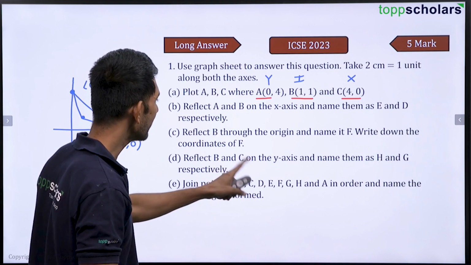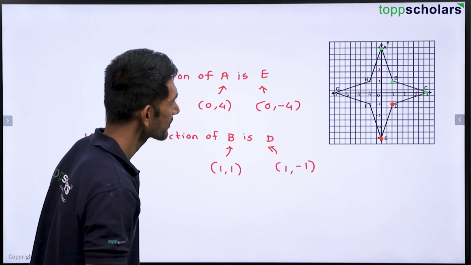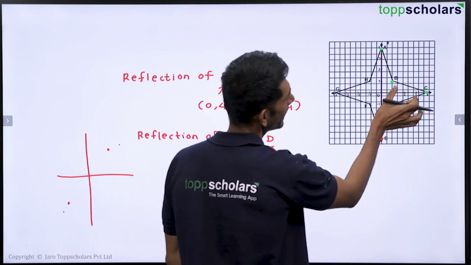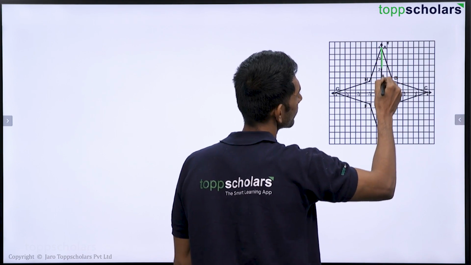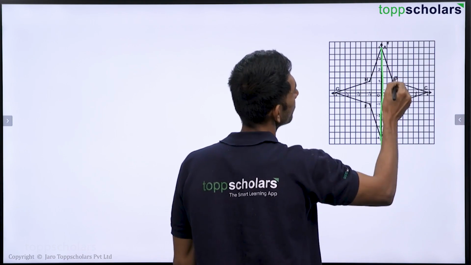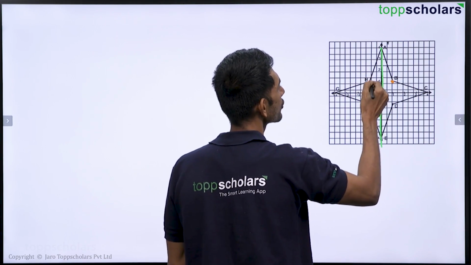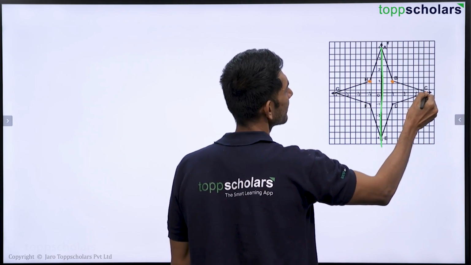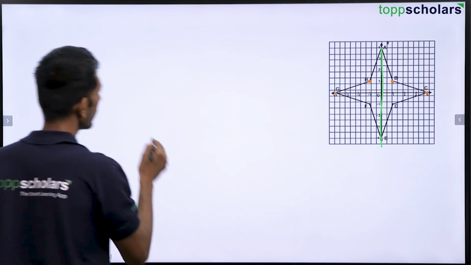Then reflect B and C on y-axis. We want to reflect B and C on y-axis. So this is the y-axis. So if I reflect B under y-axis, it will be H. And if I reflect C under y-axis, it will be G. So what is H over here?